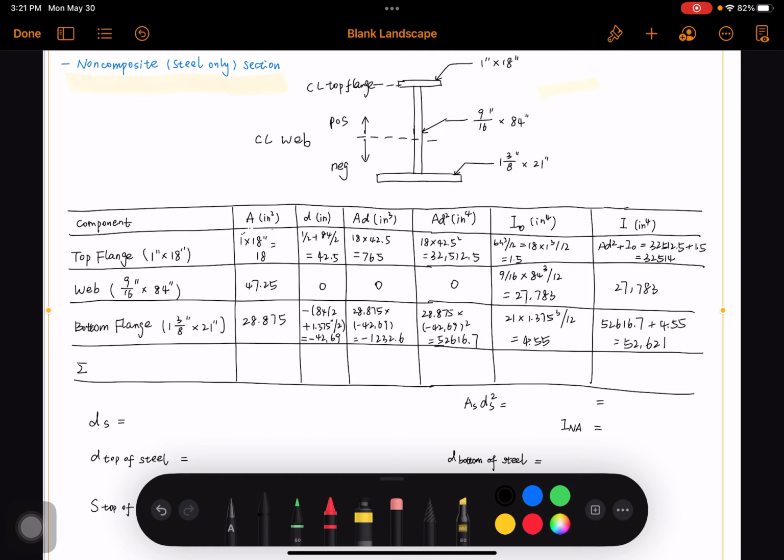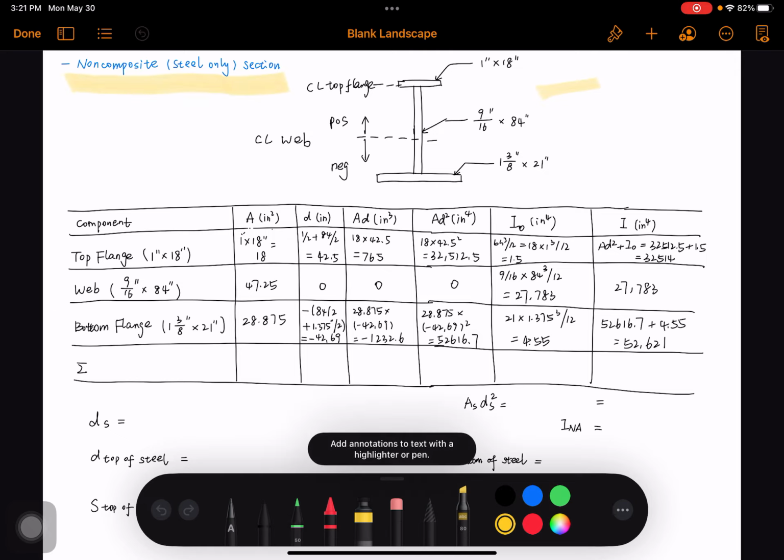Now come to the whole section. We already calculated individual components: the top flange, the web, and the bottom. So now we are going to look at the complete section here. So just simply sum up all these areas.